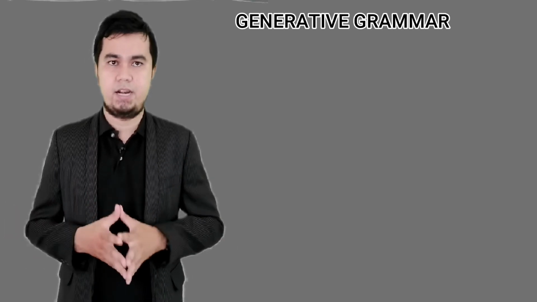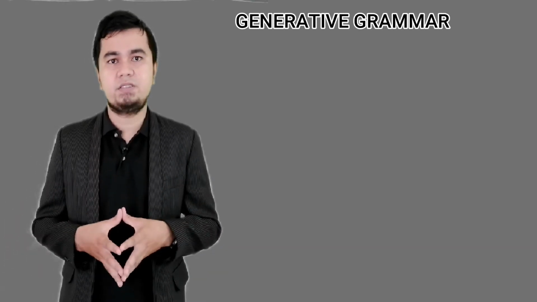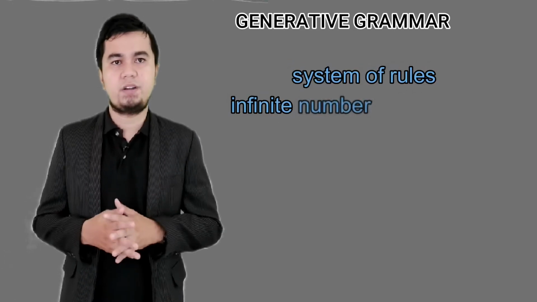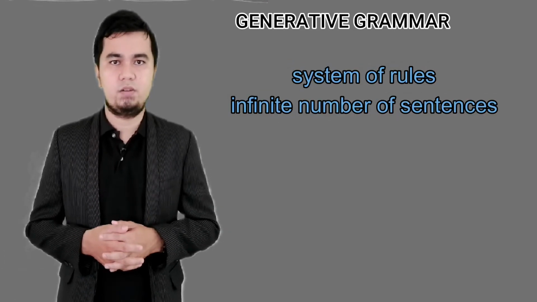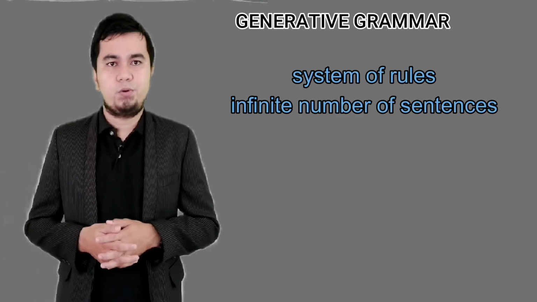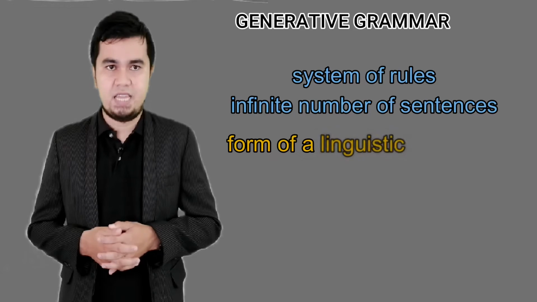And we are down to our next type of formal structural grammar, which is the generative grammar. In this model, the grammarian views the system of rules that generates an infinite number of sentences. It attaches more importance to the form of the linguistic expression than its meaning.